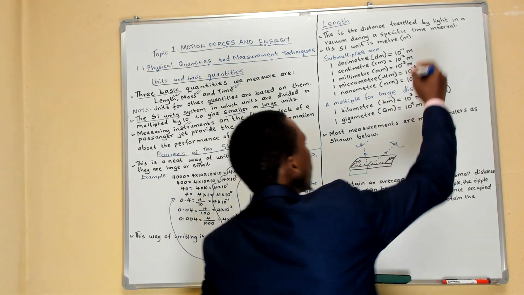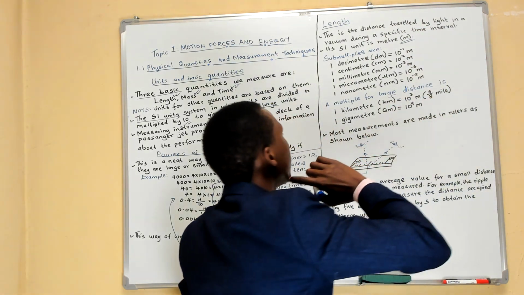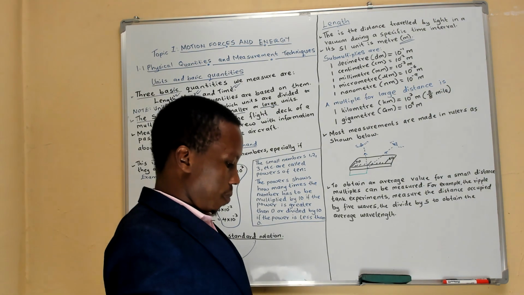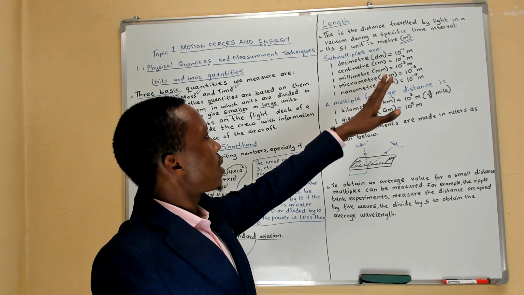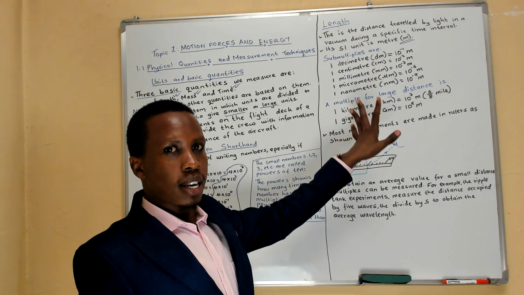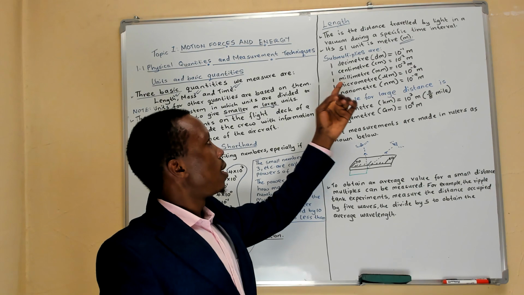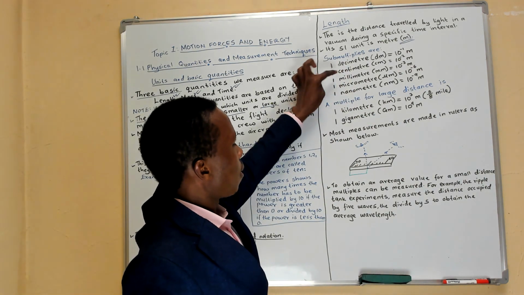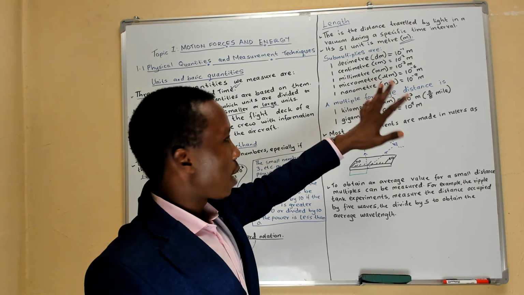The SI unit of length is meters. So you can see here that I have the SI unit of length as meters. We do not just have meters, but that is the main unit we are using. We can still convert meters into decimeter, centimeter, millimeter, micrometer, and even nanometer.